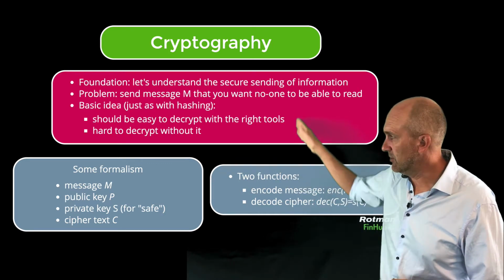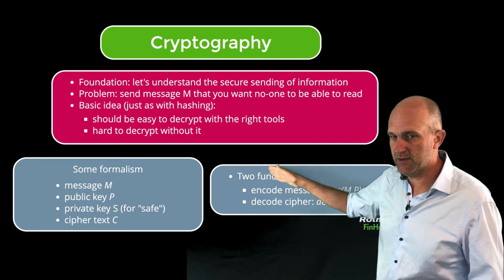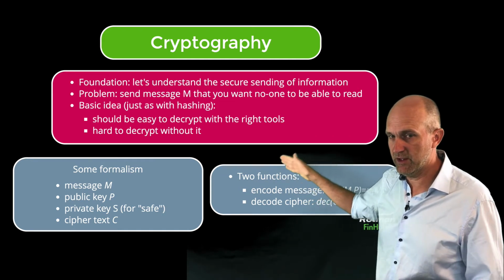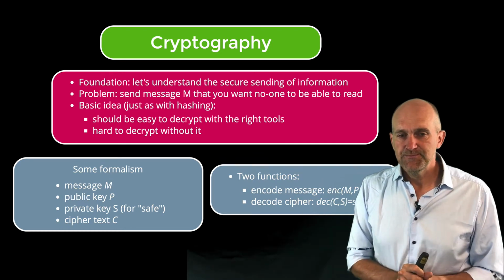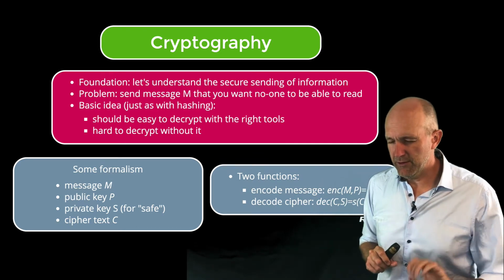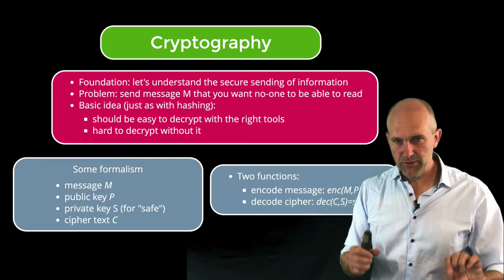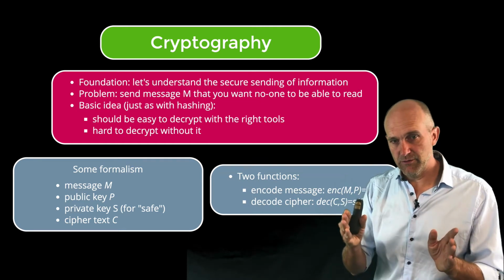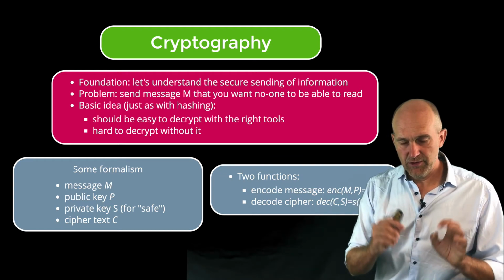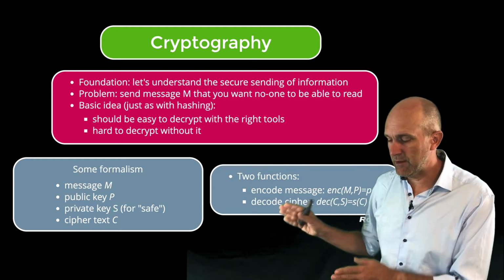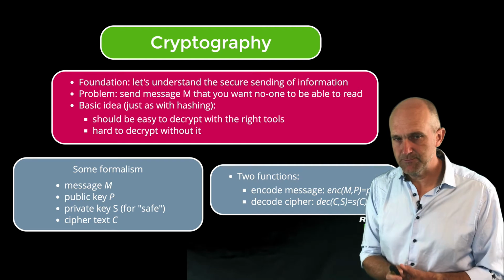So there's some public information, and then you have the private, the secure output of a cipher. I said something before the wrong way, so I apologize for that, but actually it's still correct. Deciphering works by applying the private key to the cipher.